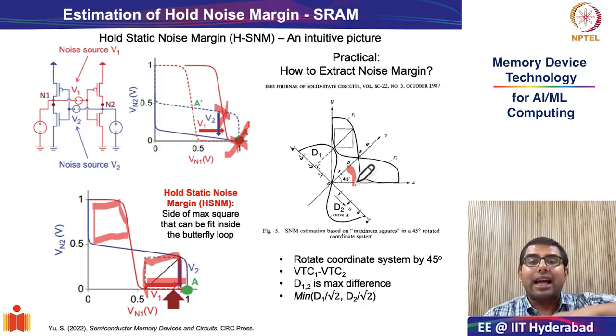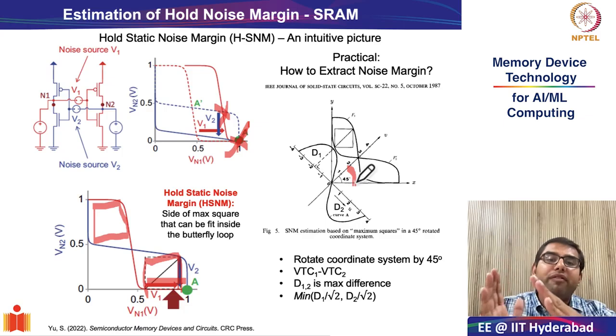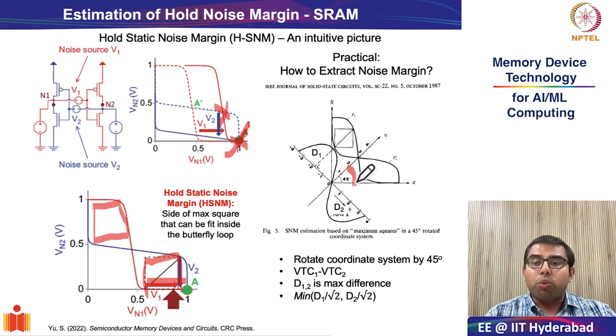Next, you start to calculate the maximum distance between the VTCs. This is VTC1 and this is VTC2, and you start calculating VTC1 minus VTC2.